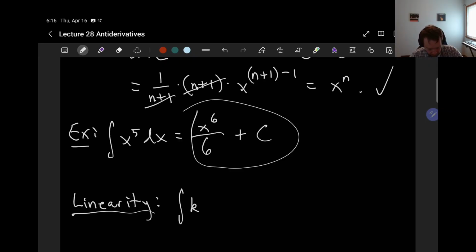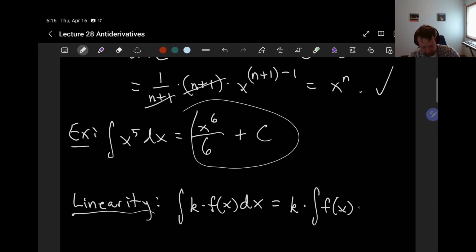Let's start with that one. So let's say k is some constant, like 2 or something. And you get the same thing if you just move that outside. So it works very well with those.